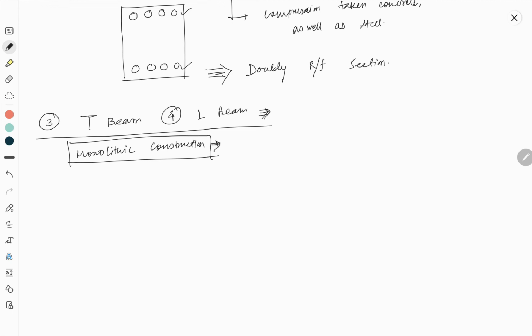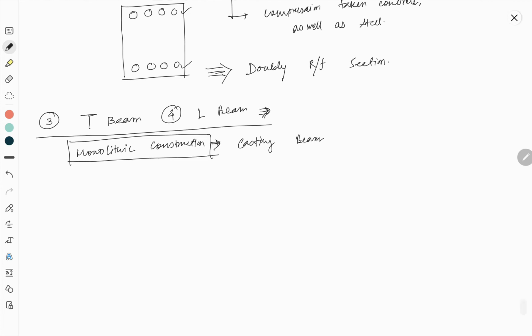Monolithic construction means casting beam, slab, maybe even column together. Now understand.